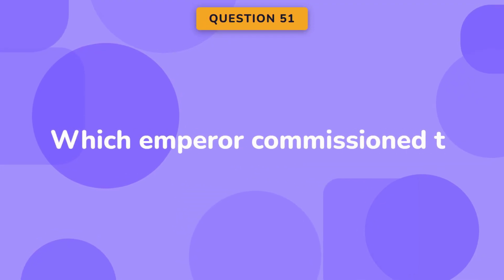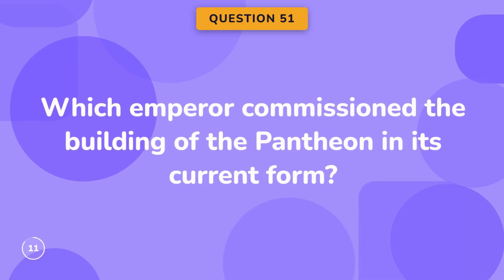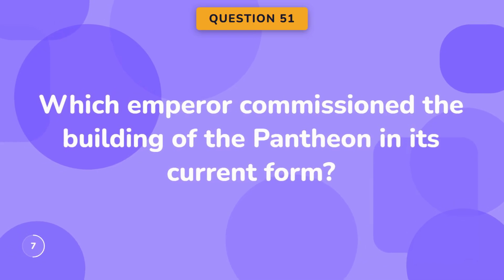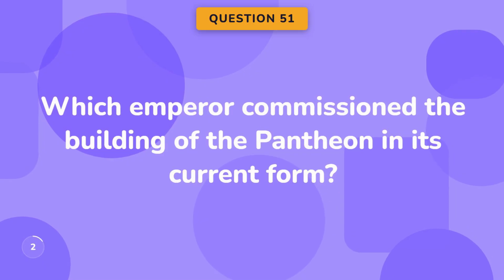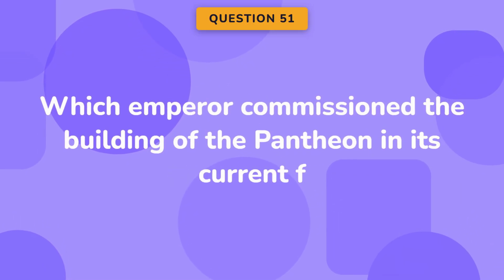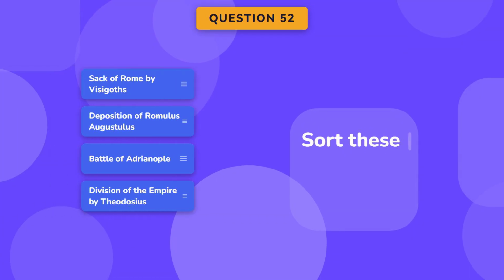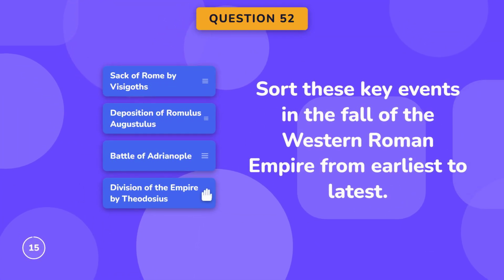Which emperor commissioned the building of the Pantheon in its current form? Sort these key events in the fall of the Western Roman Empire from earliest to latest.